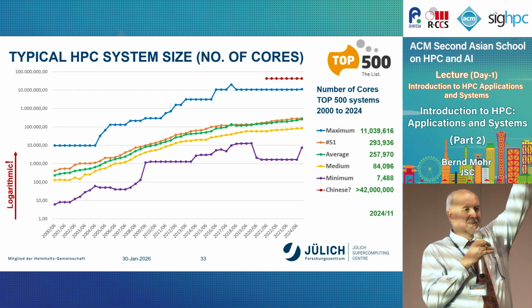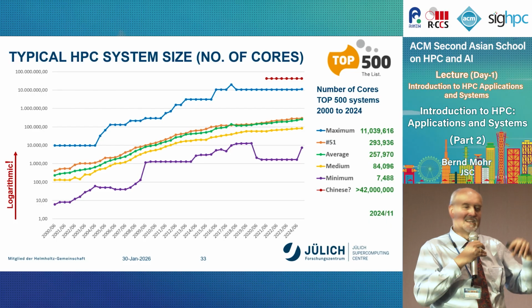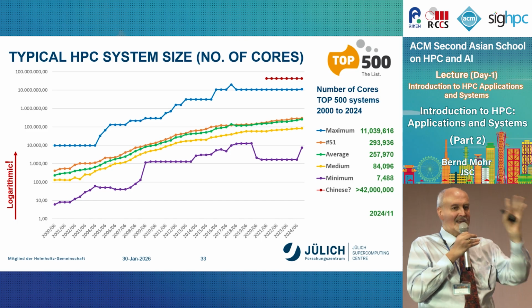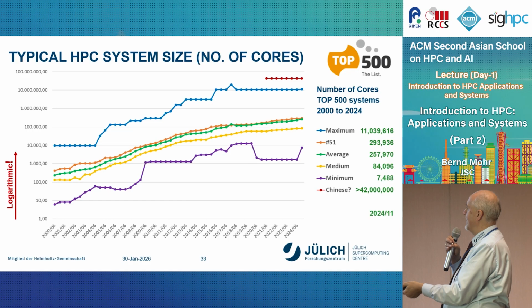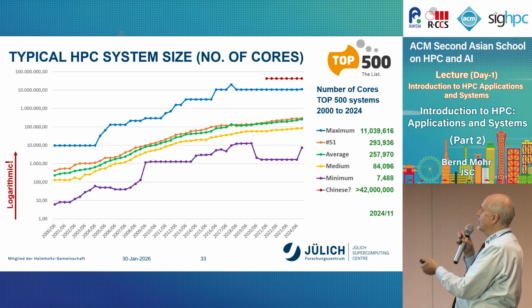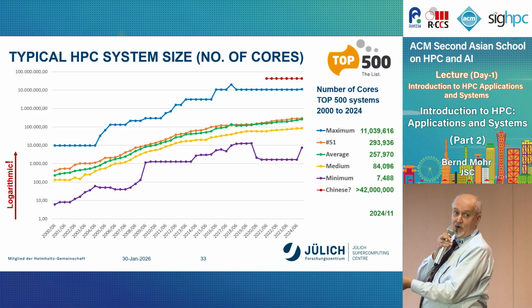The 500 fastest computers get published in a list. Yeah, and then I say, oh, I'm number 25. And you do that every half year, and this has been done for many years. So I have only the data here from 2000 to 2024. And it basically says the largest system, how large is it? So in 2000, it was 10,000 cores.